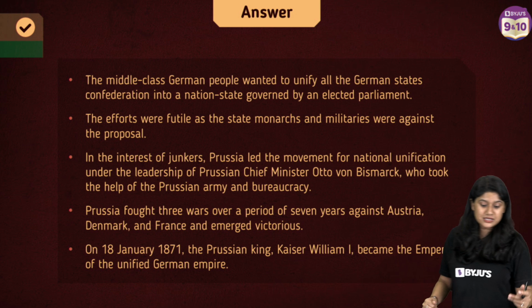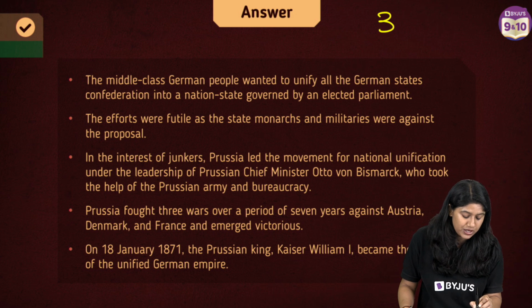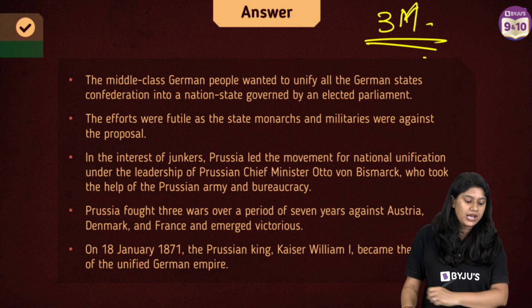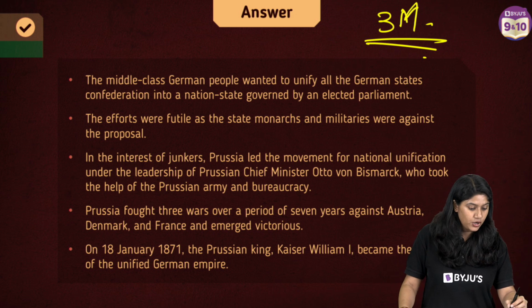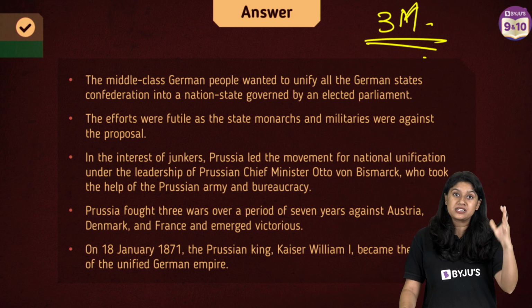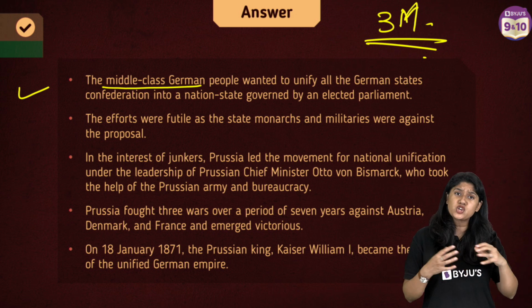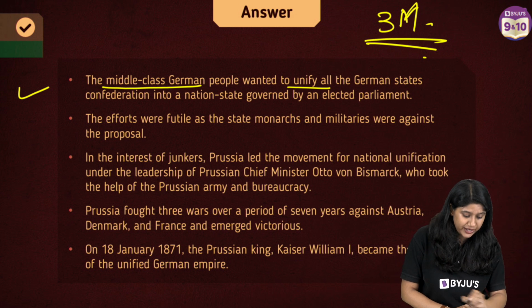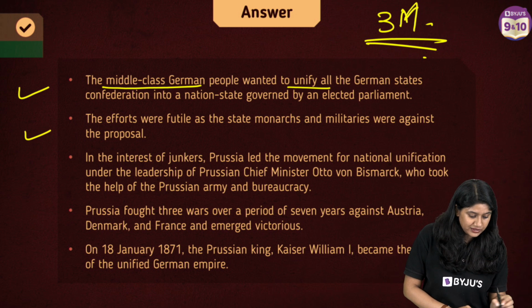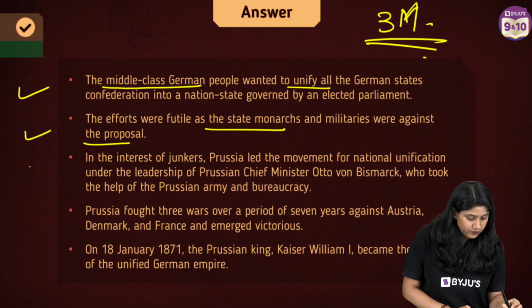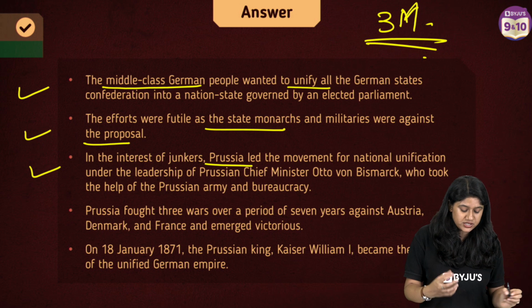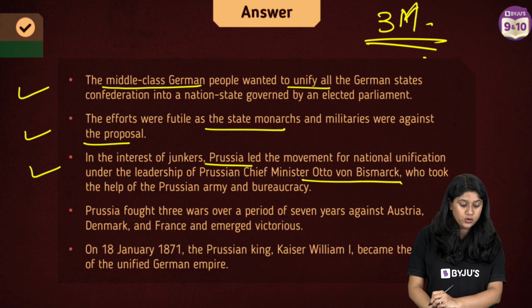Now if you look at this answer, the question is for 3 marks. And over here we have 5 points. So these points will justify that these are the important points that we have covered. Introduction, maybe we have the German middle class people coming together, to unify all the German states. Then the proposal got rejected. Then Prussia took the initiative. We have the Chief Minister Bismarck who took the responsibility.